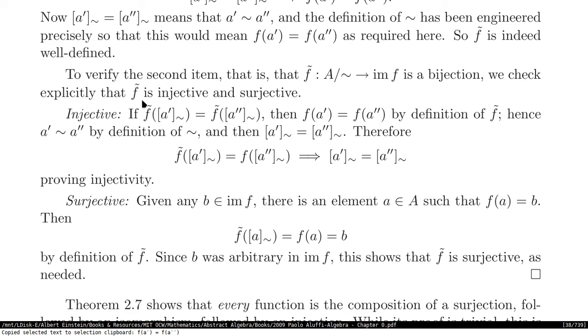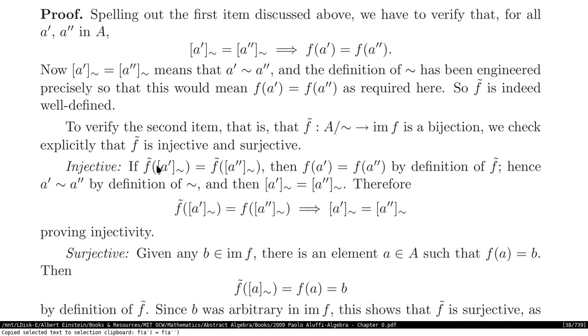Right, because we just showed that by definition of f tilde, if you have two distinct elements, a prime and a double prime, their images are going to be the same. So a prime is equivalent to a double prime by definition of tilde again.